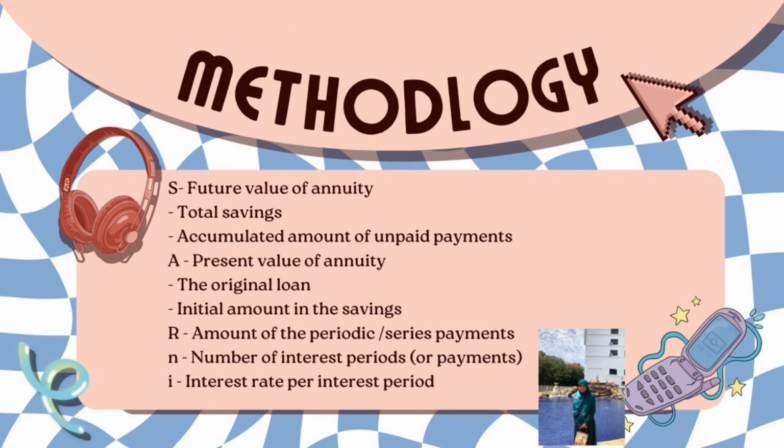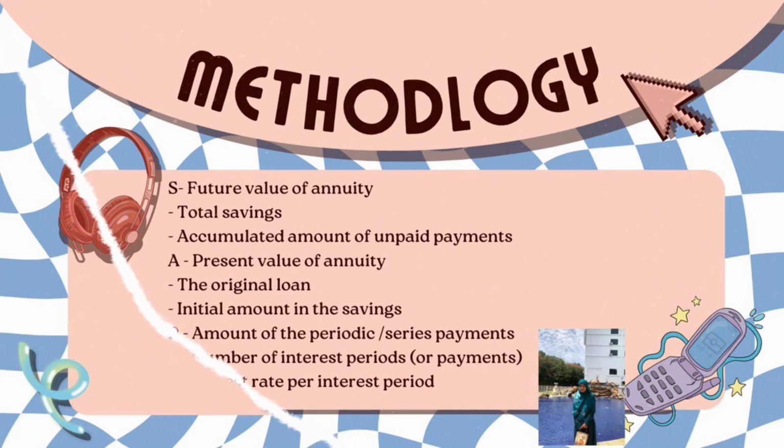What is S? S is the future value of annuity, total savings, and accumulated amount of unpaid payments. What is A? A is the present value of annuity, the original loan and initial amount in the savings. What is R? R is the amount of the periodic or series payments. N is the number of interest periods, and I is the interest rate per interest period.